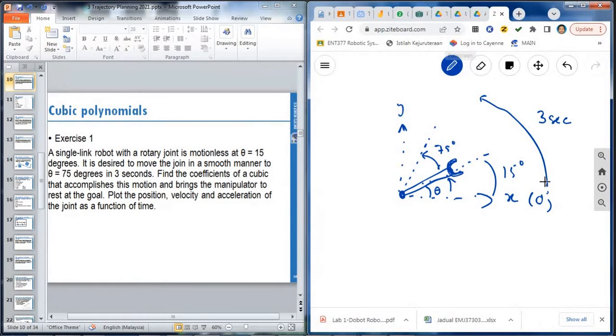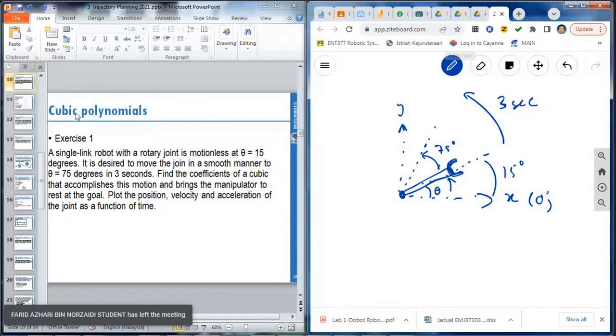How are you going to control it from 15 degree to 75 degree in 3 seconds in a smooth motion, including velocity and acceleration? That comes out as robot trajectory planning using a cubic polynomial.